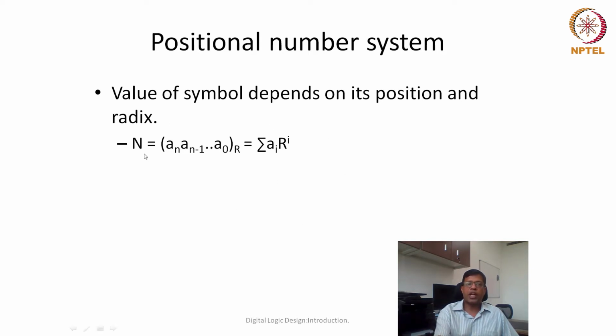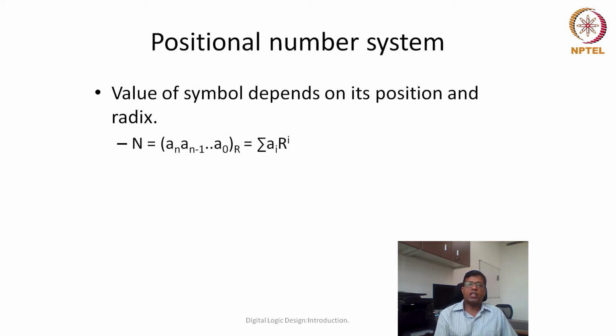In this equation, let's say there are n numbers, and n plus 1 symbols. The symbols are fixed. We can also generically define it as an R radix system. So R is the total number of symbols which are present.